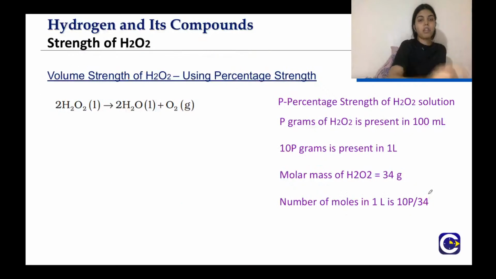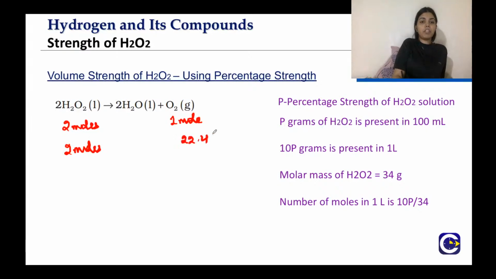Okay. Now we know that 2 moles of peroxide gives 1 mole of oxygen at STP, or you can say that 2 moles of peroxide will give you 22.4 liter of oxygen at STP. Then how much oxygen gas will this amount of moles of H2O2 give? That will be the volume strength.